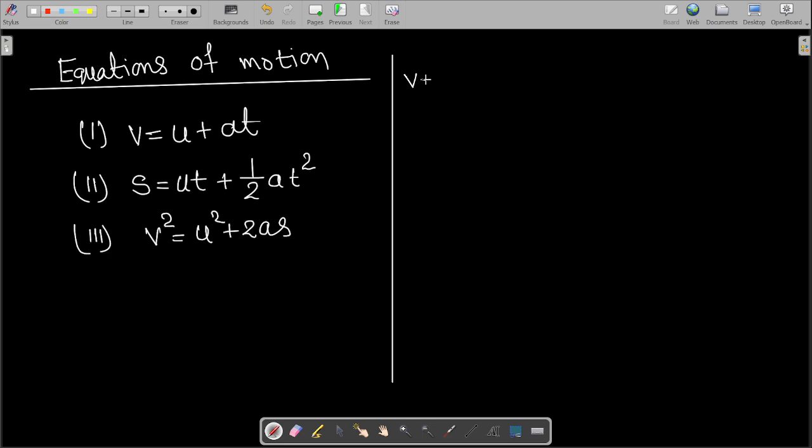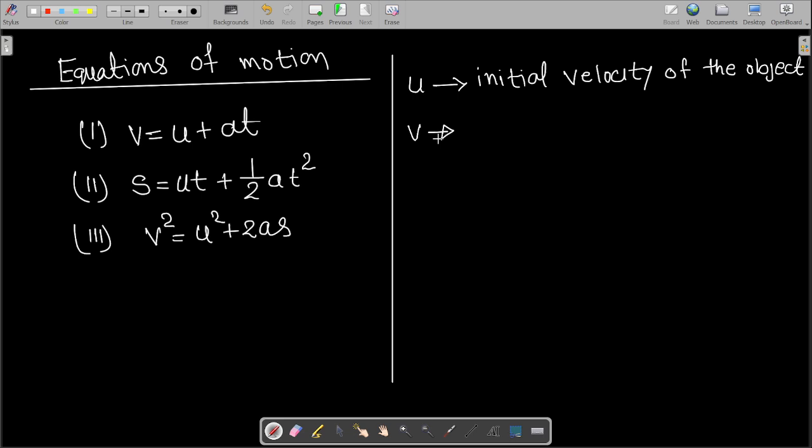Here u is the initial velocity of the object. And v denotes the final velocity of the object.